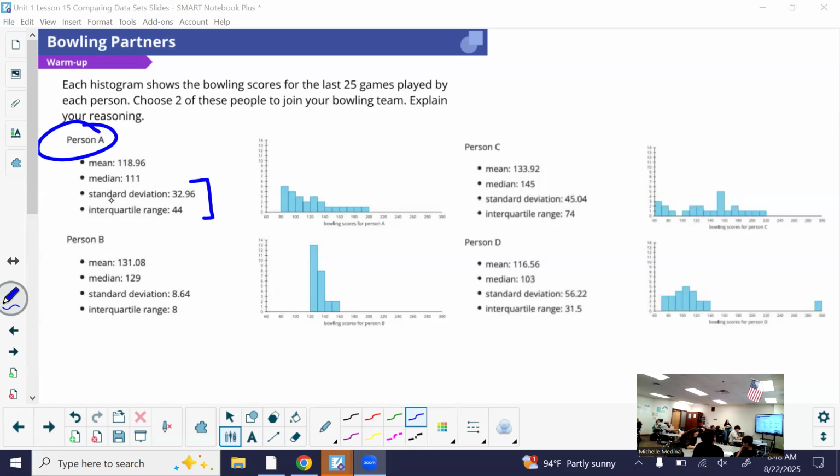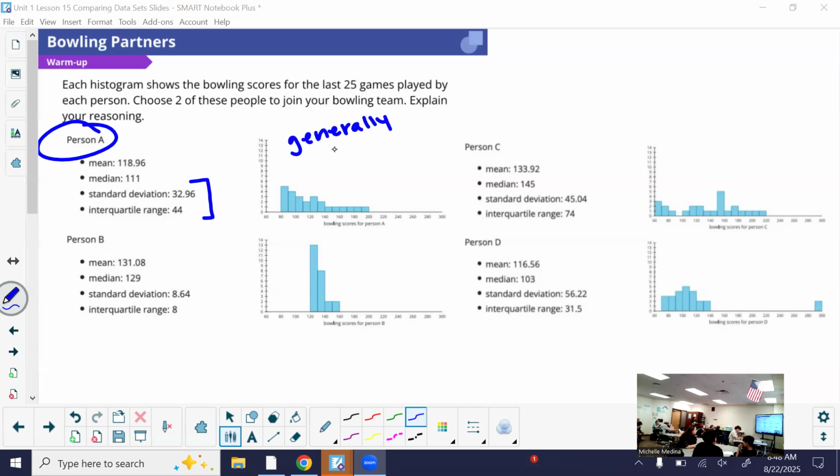Interquartile range only looks at the middle 50%. So if the data is skewed, we might only consider the middle 50%. So if we just look at the standard deviations, theirs is not the highest, but it's also not the lowest. It's like the second lowest. So from that, we could say generally more consistent.